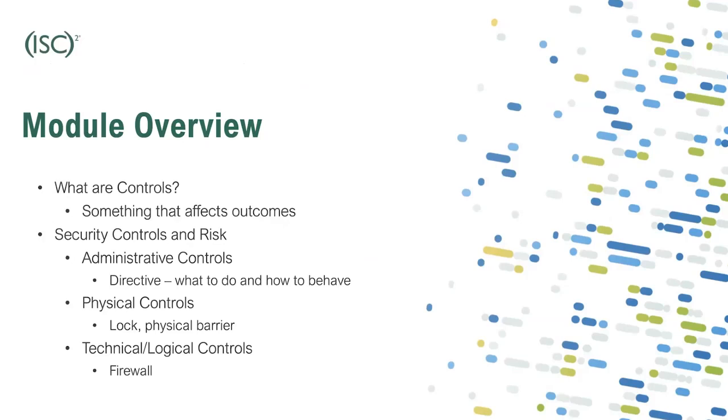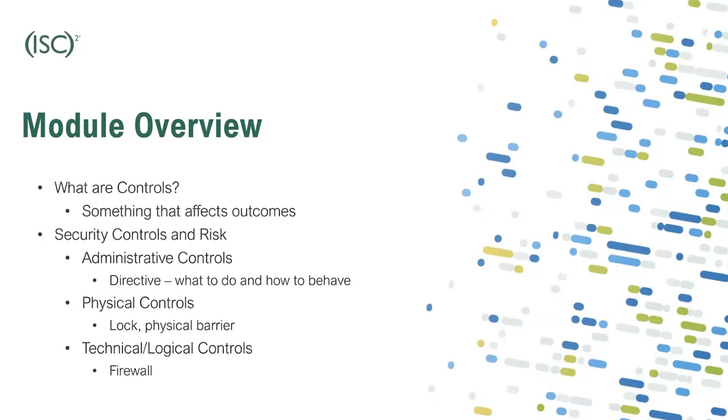And it's not the case that we use any one of these control types, we actually layer them. There is an interdependency. It's not usually enough to have just administrative controls or just physical controls or just logical controls. Just think if you had a data center and your data center had lots of really good logical controls, lots of very good technical protections, firewalls, antivirus, and so on.